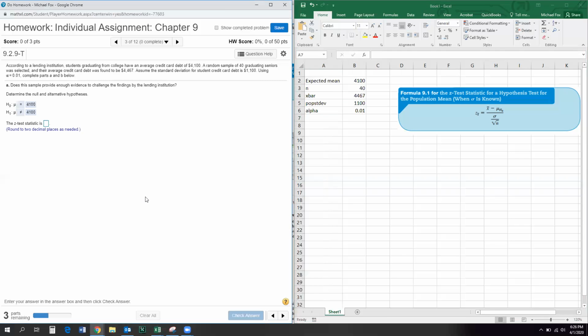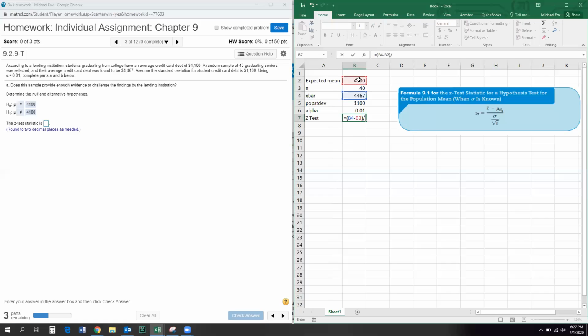All right, so next they're going to ask us to calculate our z-test statistic. So I'm just going to call this z-test. And the z-test statistic, when our population standard deviation is known, is found by, whoops, I should do an equal sign first, equals our x bar, which is the mean of our sample, minus the mean of the null hypothesis, or expected mean for the null hypothesis, which is 4,100.